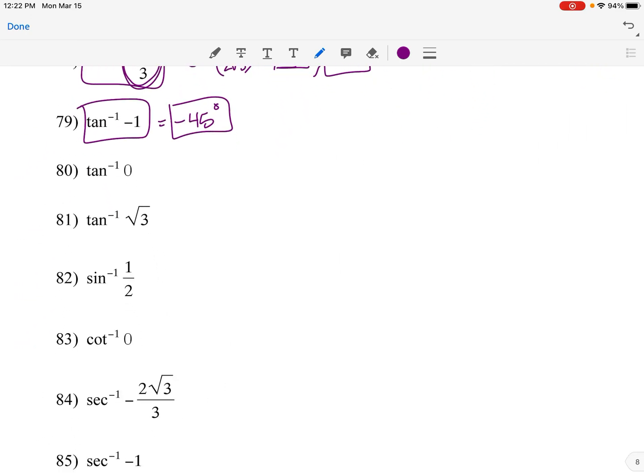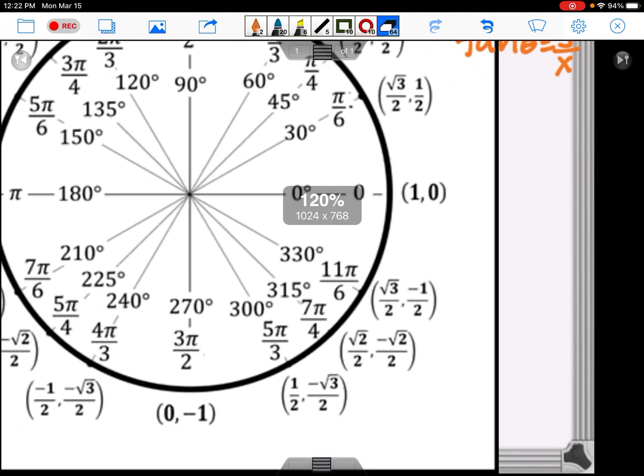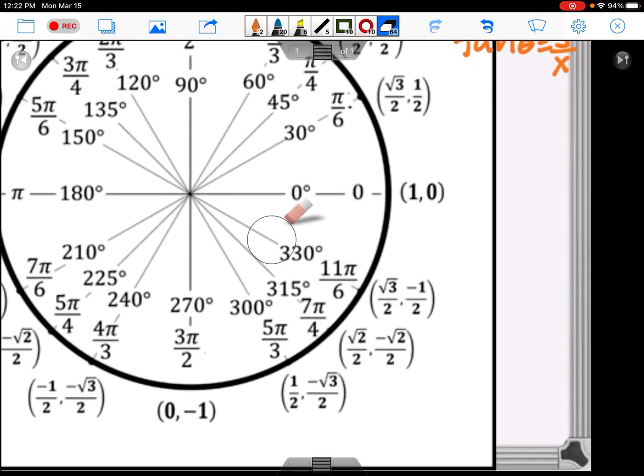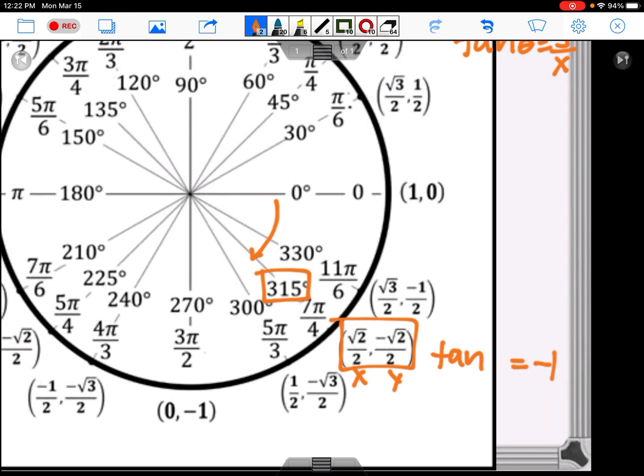So let's check out -45 degrees on the unit circle. If I go backwards, remember you have to go down, so -45 would be here. This is telling me that this y value divided by this x value equals -1. Which is true, it's the same number, just one is negative, one is positive.